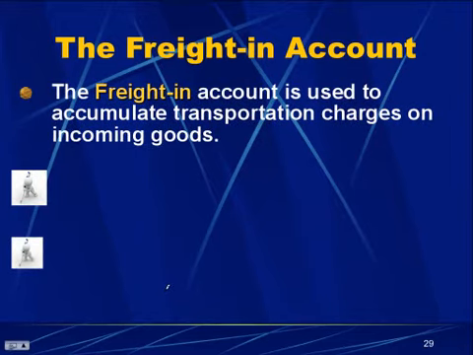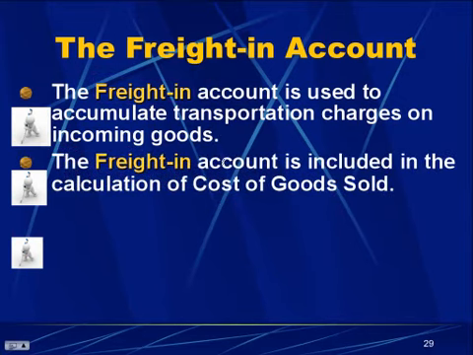Now let's talk about freight in, because freight in is really important. Merchandise companies have to pay to get their merchandise to them, and we're going to call this freight in. Freight in is an expense account that accumulates transportation charges on, now get this straight, incoming goods, not goods that we ship to our customers, but goods that we're bringing in. The freight in number is included in the calculation of cost of goods sold.